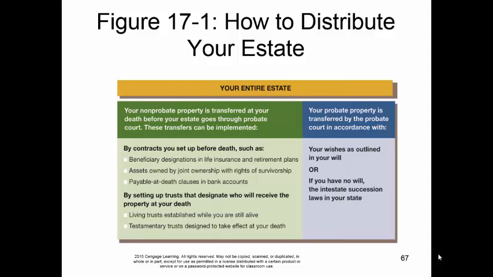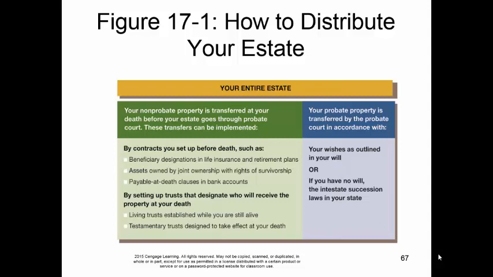First, with beneficiary designations on life insurance and retirement plans. You can also put beneficiary designations on retirement assets and bank accounts and so forth. Many of these things can be set up.